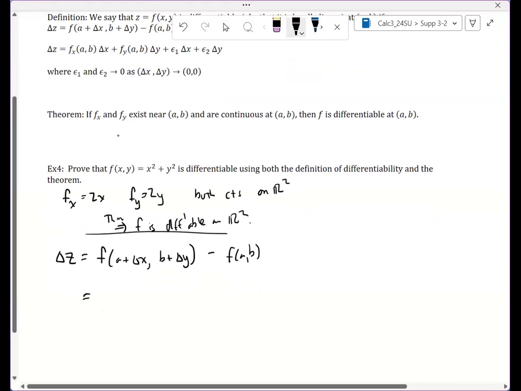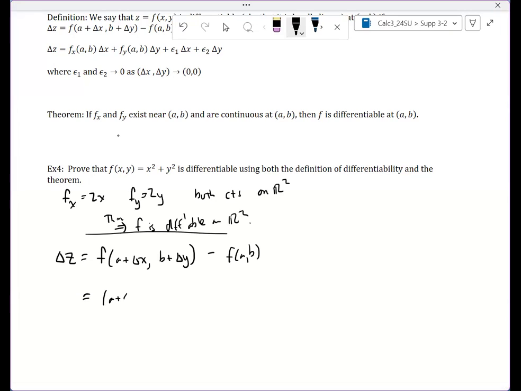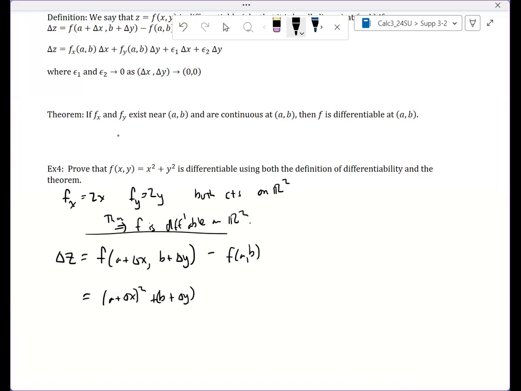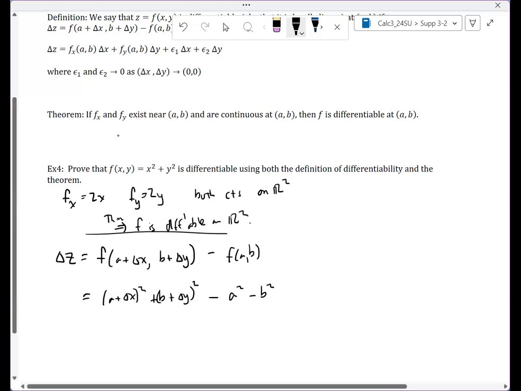Okay, so what is f of a plus delta x, b plus delta y? This is (a plus delta x) squared plus (b plus delta y) squared. And then minus f of a b is minus a squared minus b squared.